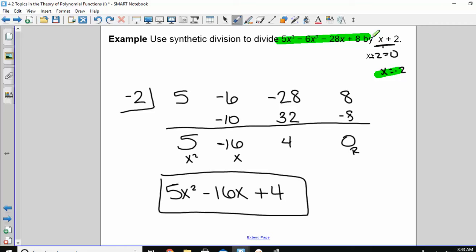What do you get? 0. When we plugged in our negative 2, we got 0, which was the remainder.